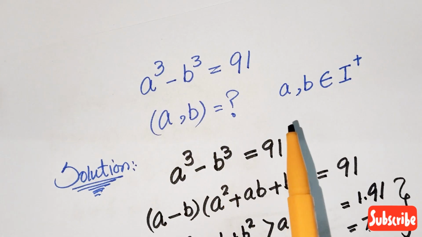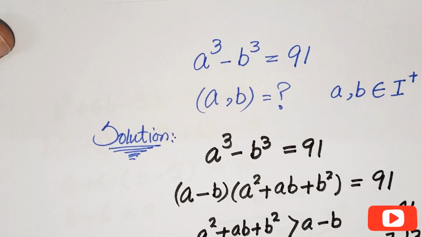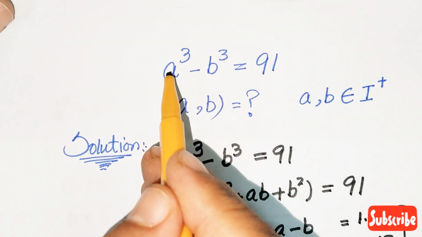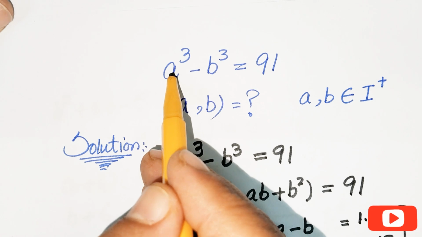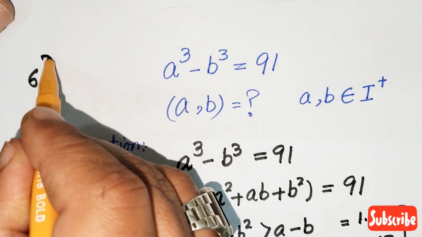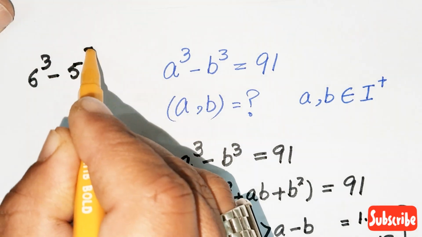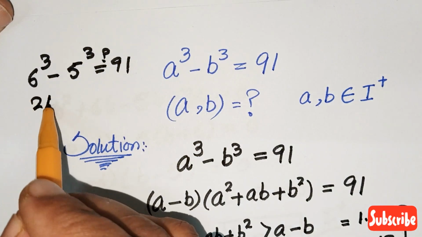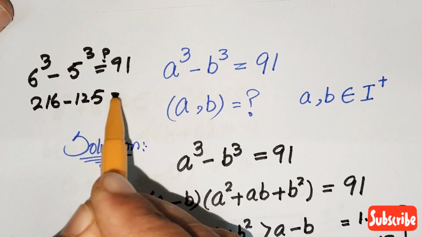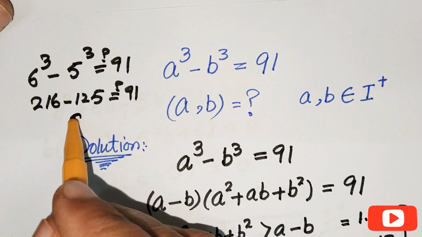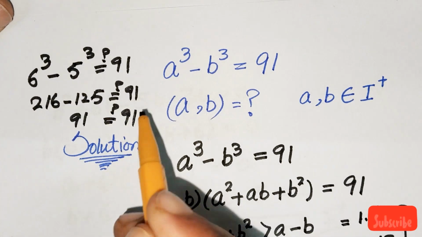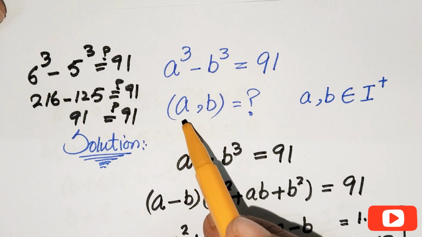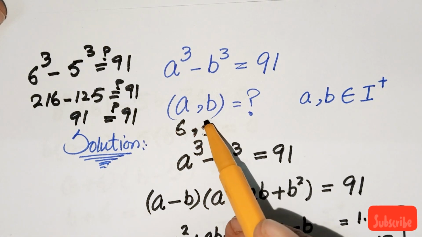By putting the values of a and b in this problem, we find both sides are equal. With a equal to 6, we get 6 cubed minus 5 cubed, which is 216 minus 125. By subtracting this we get 91 is equal to 91. So the left hand side is equal to the right hand side, hence the value of a is 6 and the value of b is 5.